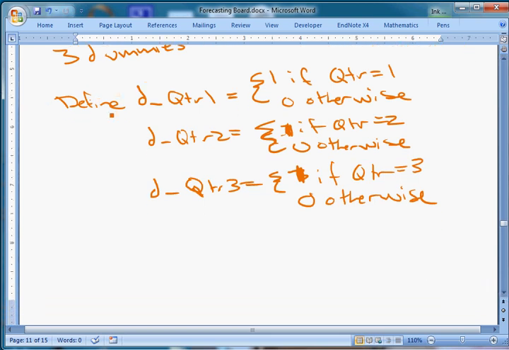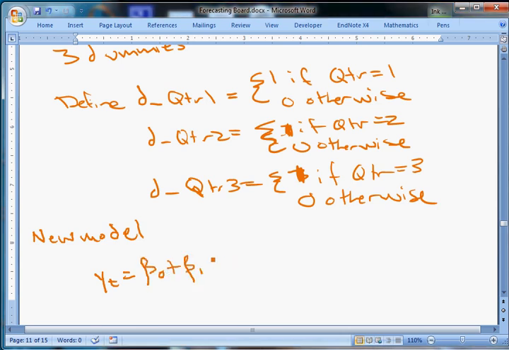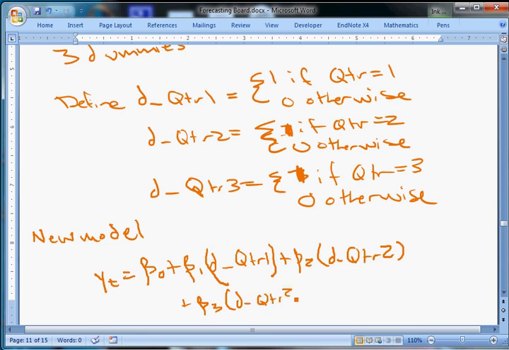Okay, so we have these 3 dummies. We still want to estimate trend. So what is our new model? The new seasonal model looks like this: Y_t equals beta 0 plus beta 1 times D_quarter1 plus beta 2 times D_quarter2 plus beta 3 times D_quarter3 plus beta 4 times T plus epsilon.